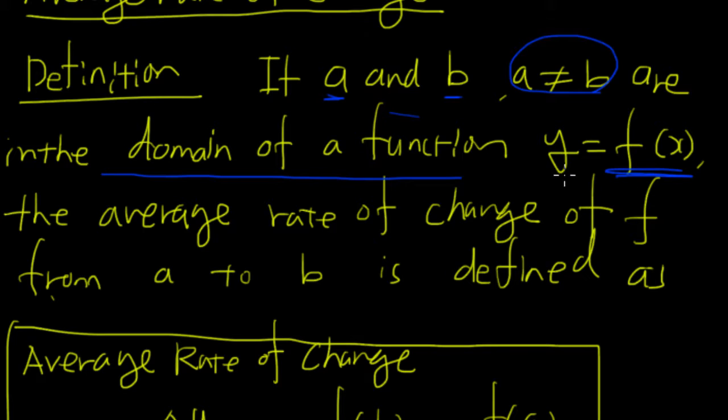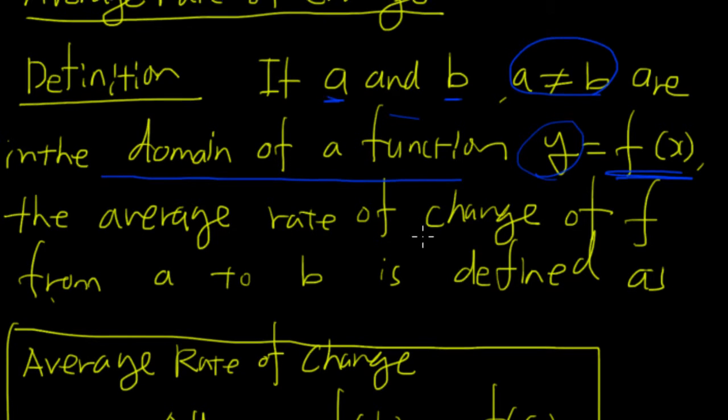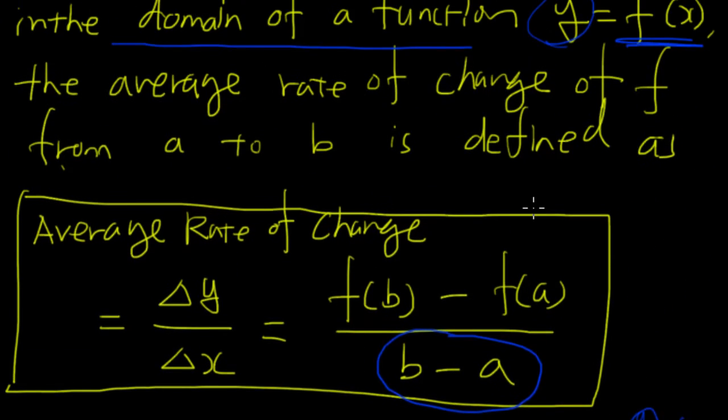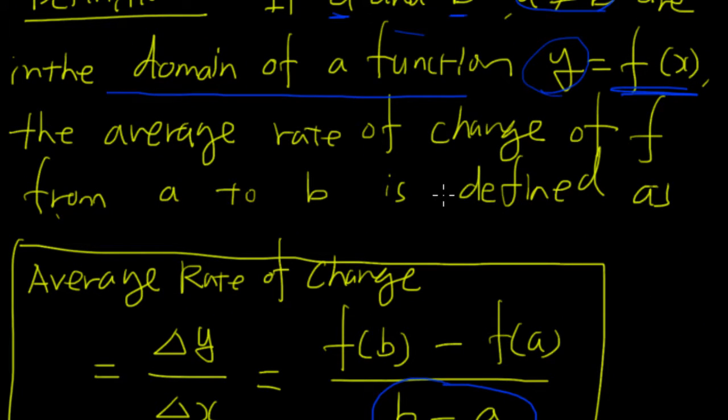But why would they say f of x equal to y? Because they like to define this in the area of graph. Remember, when we have a graph, we have this x line and the y line. So we say this is the y-axis, this is the x-axis, and sometimes you've probably seen that instead of using y, some of us use f of x. So f of x and y are used quite interchangeably, right?